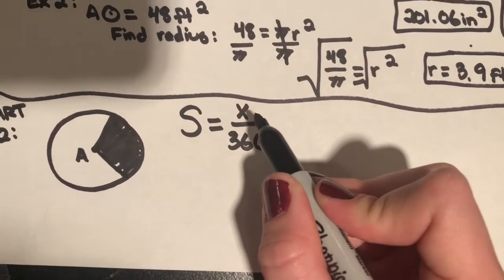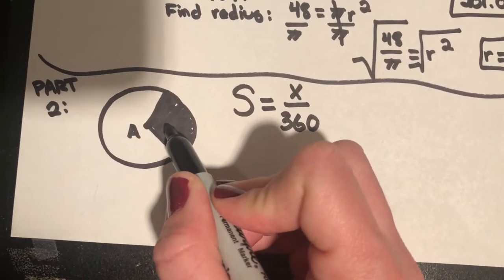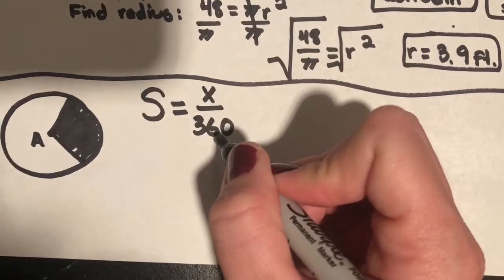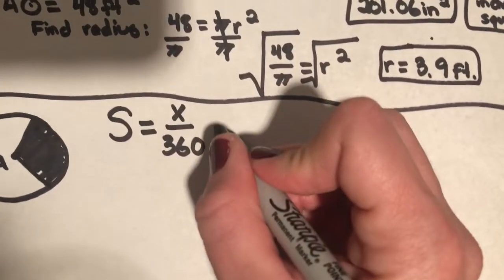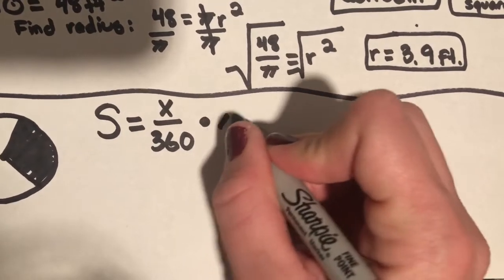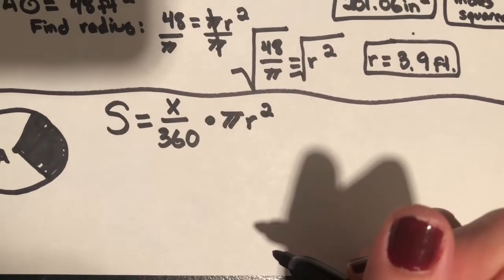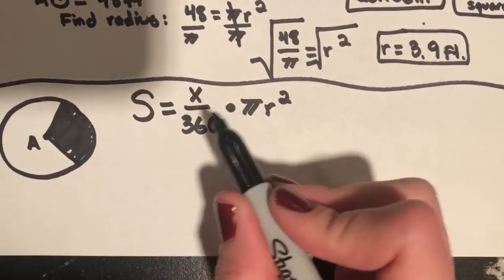Again, that x is going to be the measure of this shaded area right here. So x over 360, a fraction of, whenever you hear the word of, it means multiplication, of the area of a circle, pi r squared. So that is our formula.